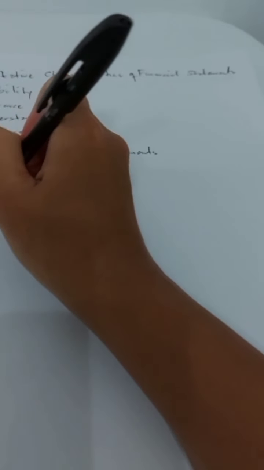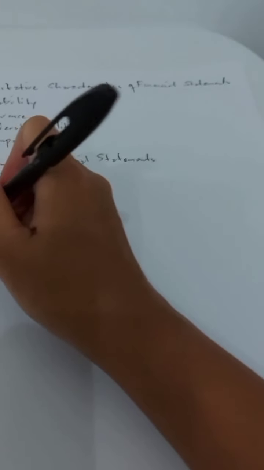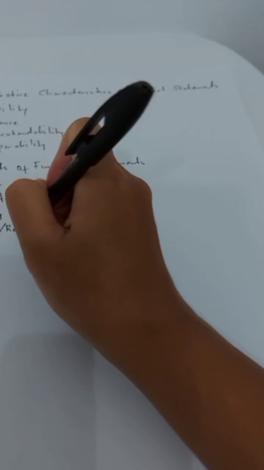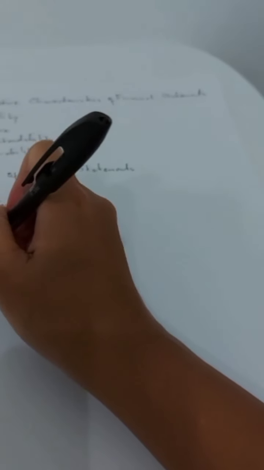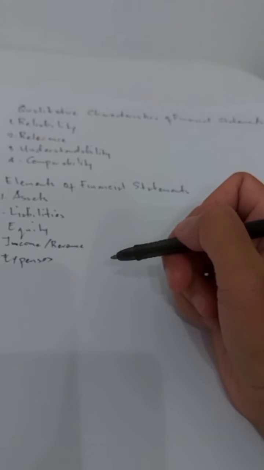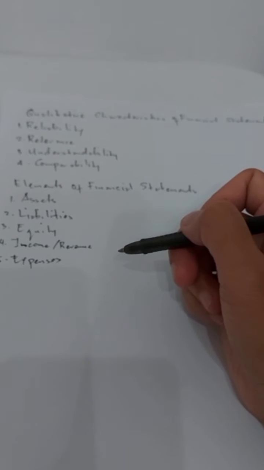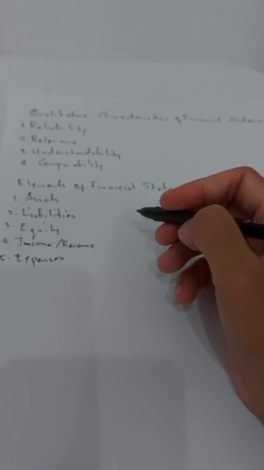Asset, liabilities, okay, pangatlo ay equity, pang-apat ay income or revenue or sales, pareho lang. And yung pang-lima ay expenses. Okay, so 5 elements of financial statements. Ito na yung mga terms na madidinig nyo hanggang dulo, hanggang matapos yung semester natin. Assets, liabilities, equity, income, and expenses.